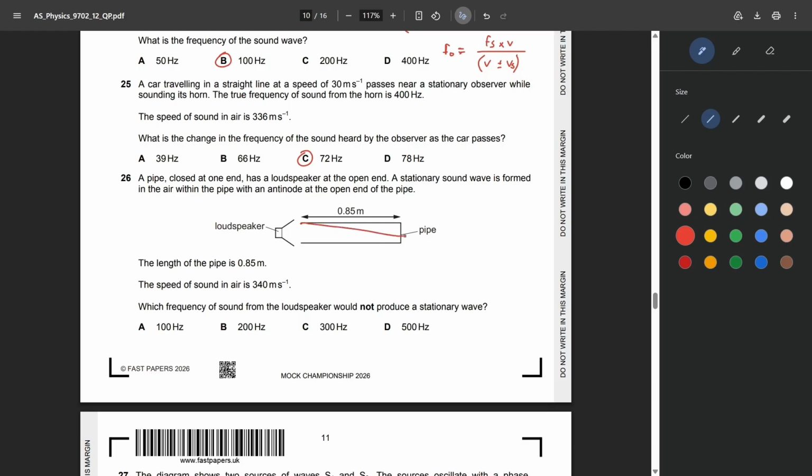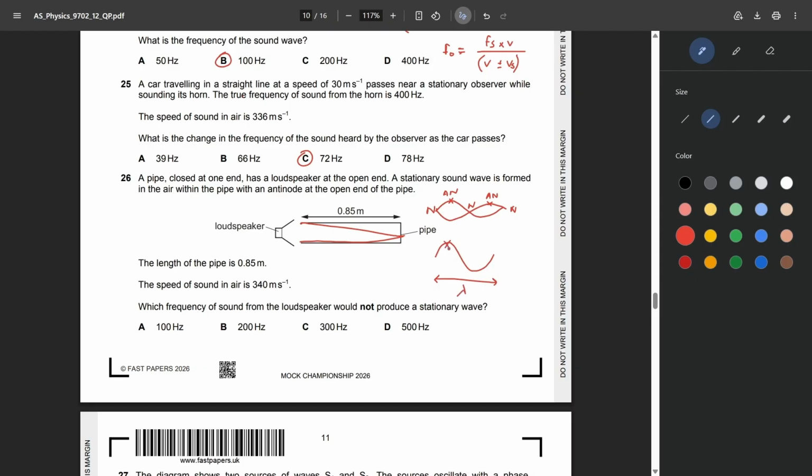So if it forms an antinode at the open end, it has to form a node at the closed end of the pipe, right? So in a stationary wave, these points of zero displacement are nodes, and the points of maximum displacement are the antinodes. Okay, so antinodes in a wave are formed if this distance is the wavelength.